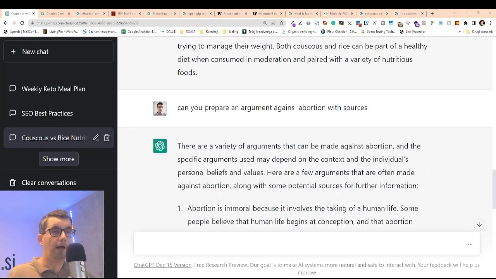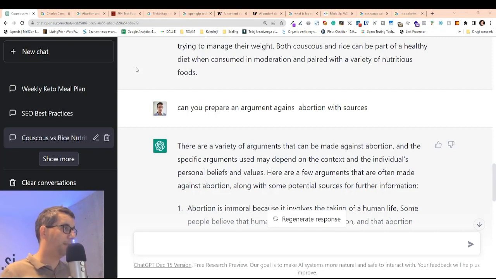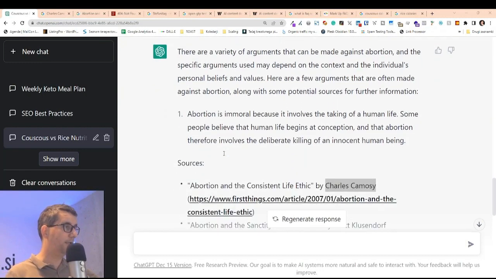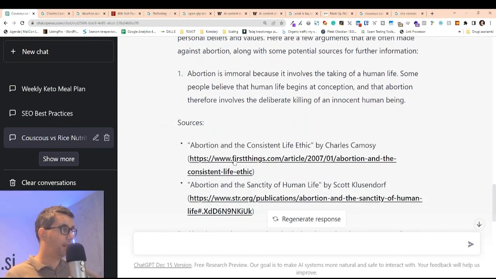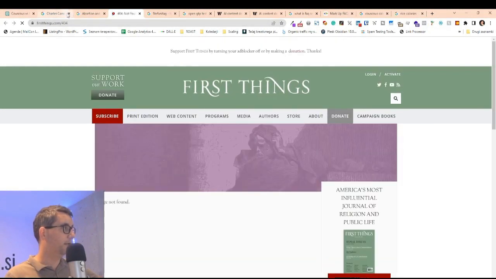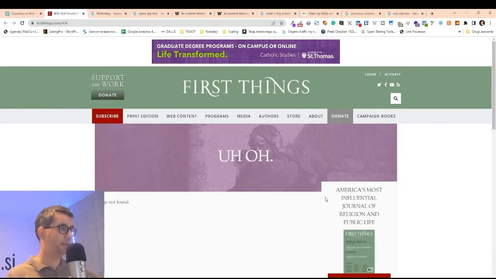Also, if we ask ChatGPT to provide sources for the content that it is giving us, it always gives us sources. But these sources don't really exist. For example, I can ask it to prepare an argument against abortion with sources, and it gives me the argument. It even gives me the source of the argument with the link to the study. But the study doesn't exist.